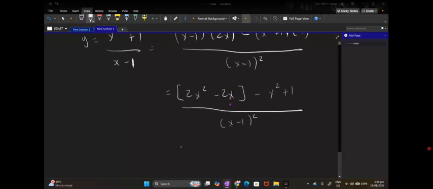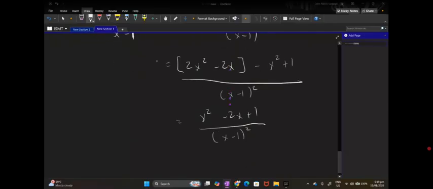Subtract natin, it's gonna be x squared minus 2x plus 1 over x minus 1 squared. So, this is just the first derivative, di ba? Ang hirap pala na yun pag first derivative, second derivative. So, pag first derivative, equate natin siya sa 0. And that does not exist lang siya if yung x natin is 1 or negative 1. Hirap na. Yan. So, now let's get the second derivative.